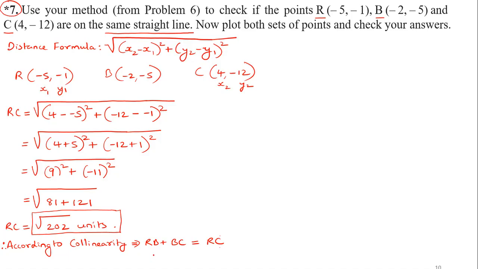So RB is 5 plus BC was root 85, and RC is root 202. And if we see here, both things are not equal to root 202, so they are not equal. So it means they don't lie on the same line.